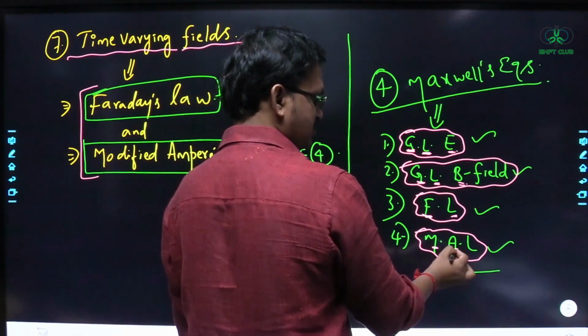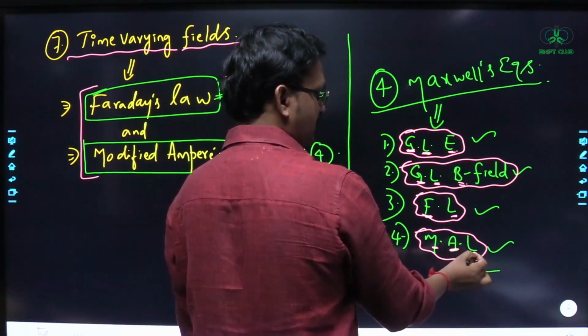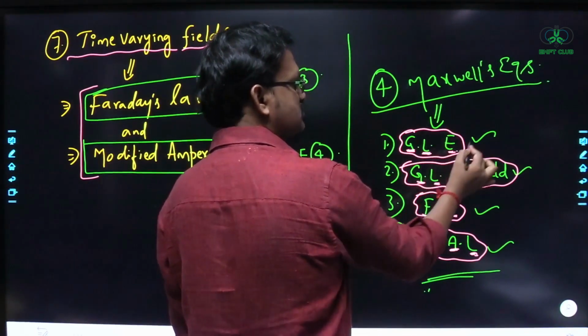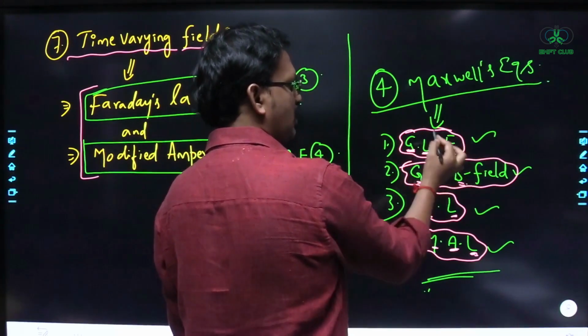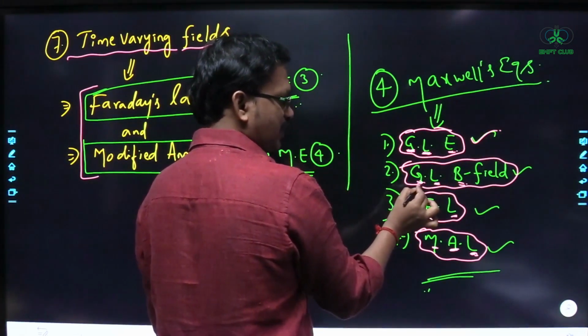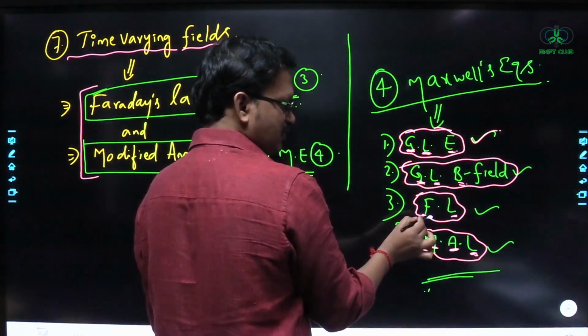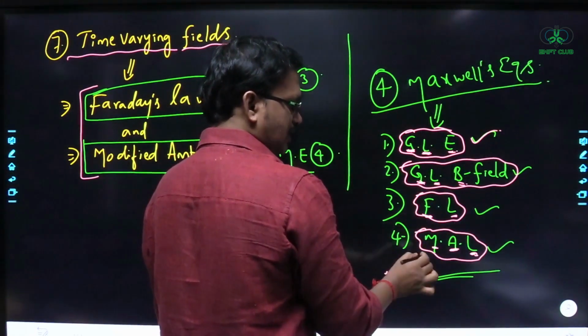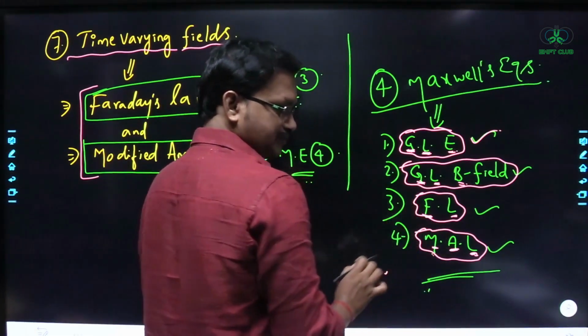Ampere is the scientist here. So this law is given by Gauss, this is also given by Gauss, this is given by Faraday, and this is given by Ampere, right?